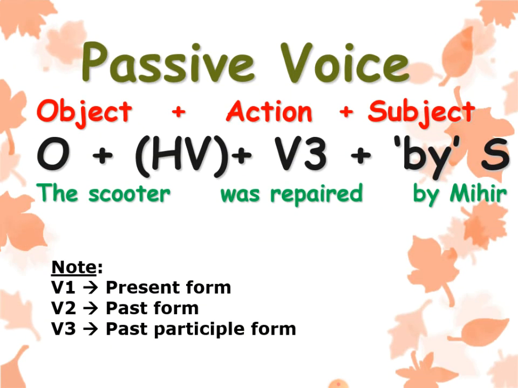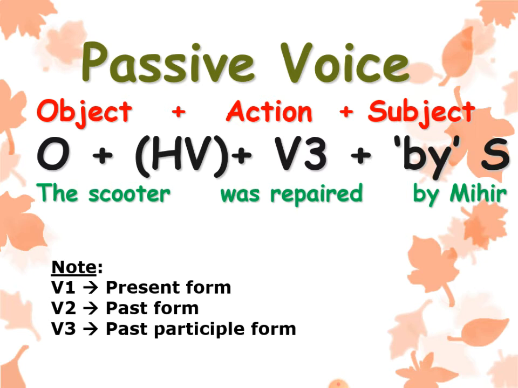In passive voice, the formula is object plus action plus subject. As I said, in passive voice, the importance is given to the action and the receiver. So the object and the action should come before the sentence. So the formula for passive voice is O plus helping verb plus V3 plus by plus subject.